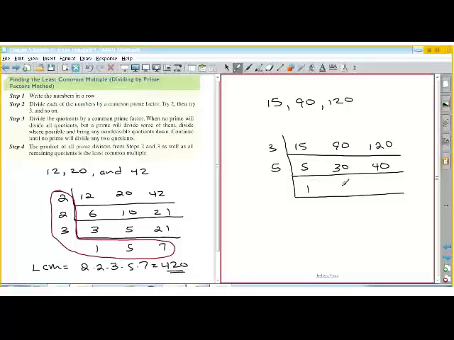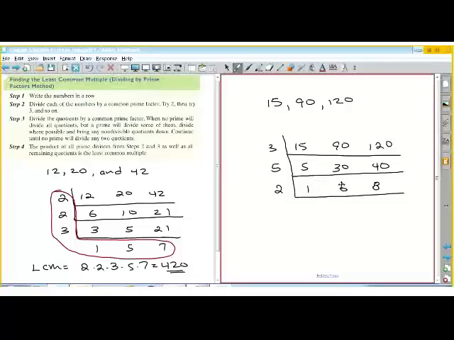5 divided by 5 is 1. 30 divided by 5 is 6. And 40 divided by 5 is 8. This is as low as I can go, so I look to see if the two remaining numbers can be divisible by a common factor. And the answer is yes, it's 2.